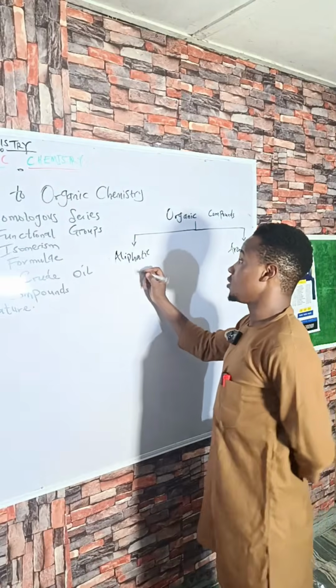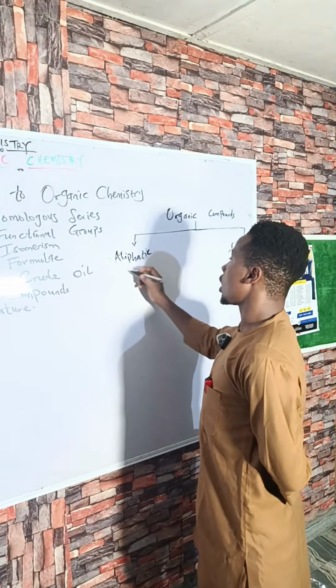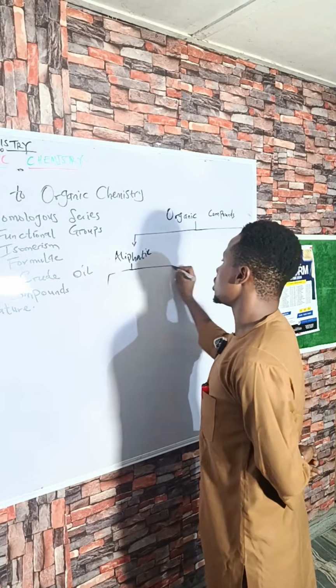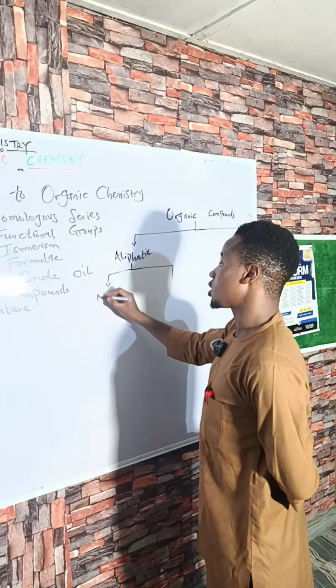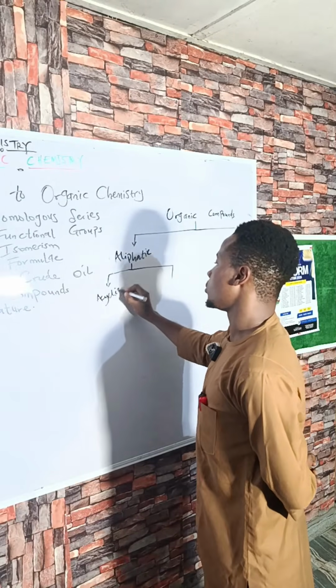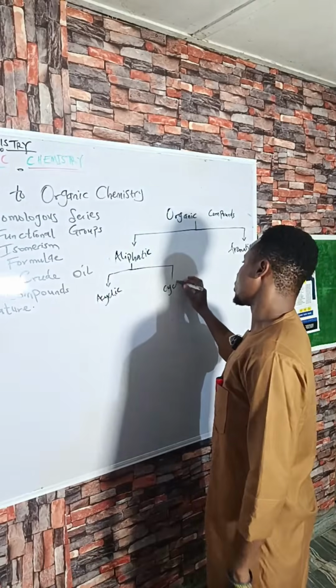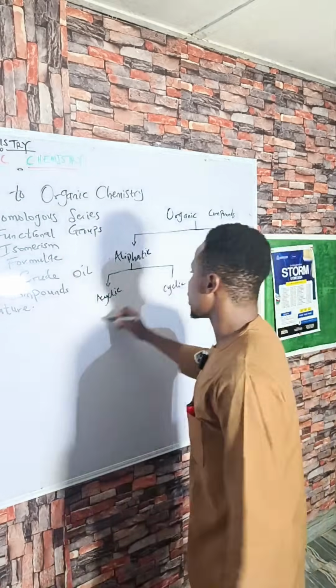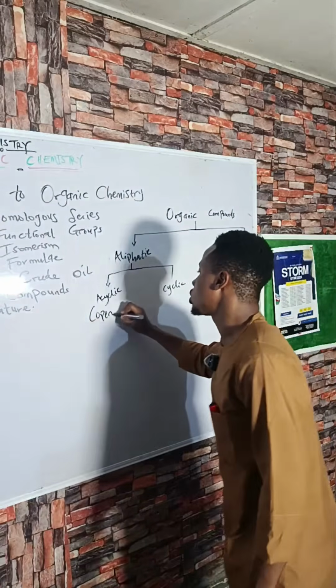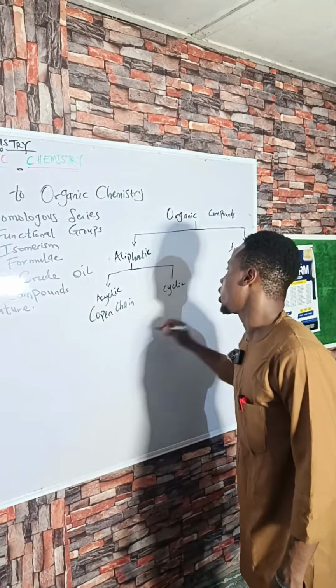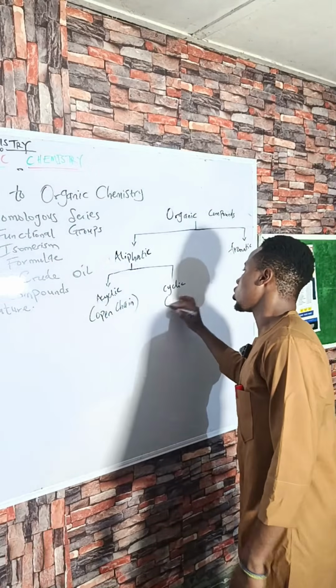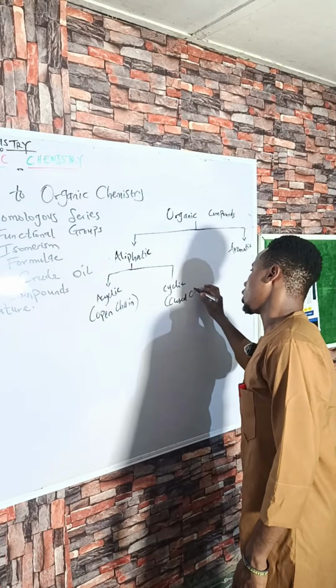So we have aliphatic. Now, under your aliphatic compounds, you can have it divided into the acyclic and cyclic. Now, the acyclic is otherwise called open chain, and the cyclic is otherwise called closed chain.